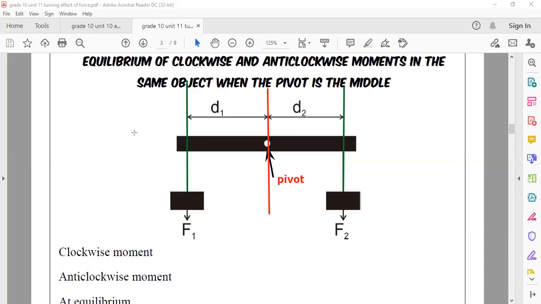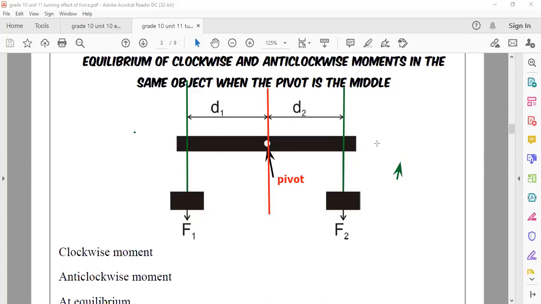Now tell me, who is D1? Perpendicular distance between the rotational axis and the line of action of force 1, F1. Correct? Yes, sir. Similarly, who is D2? Perpendicular distance between the rotational axis and the line of action of force 2.